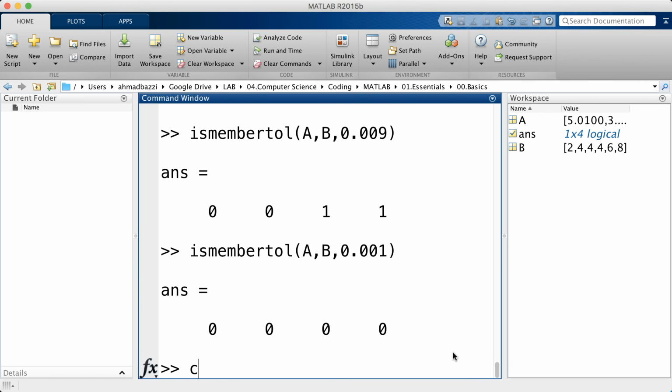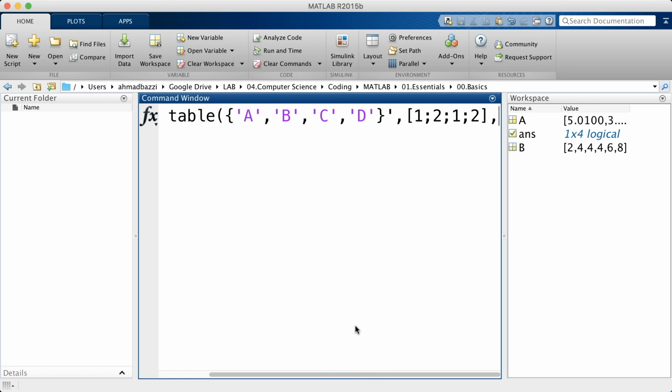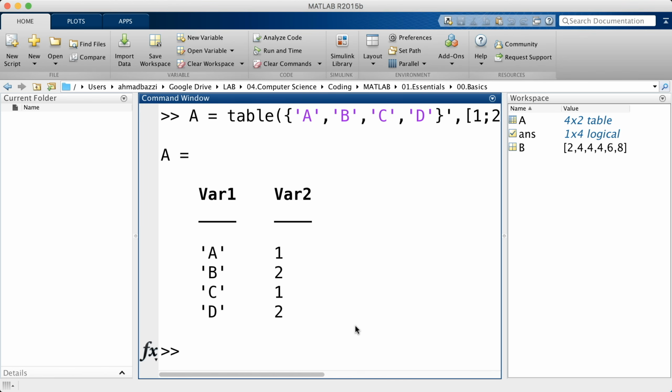Okay, now let's say you're working with tables and you'd like to join two tables or a union of tables. Let's say I have a table of the following information. So A, B, C, and D transpose, 1, 2, 1, 2, and let me pass in the variable names, which are Var1, this is my A, this is one table.